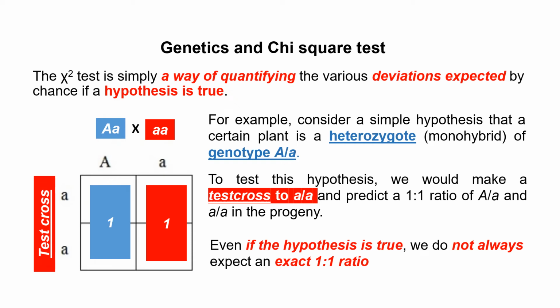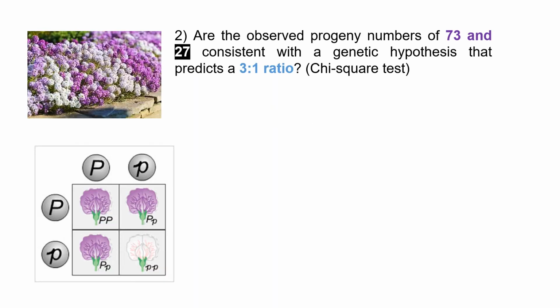So let's start with a genetic problem. It's slightly different from this one, but we can apply this chi-square to genetics. So now imagine this question. You go in the field and you look for these flowers and you quantify how many of them are white and how many of them are purple. And you ask, okay, is this the classical monohybrid cross where you get 3 to 1, dominant and recessive?